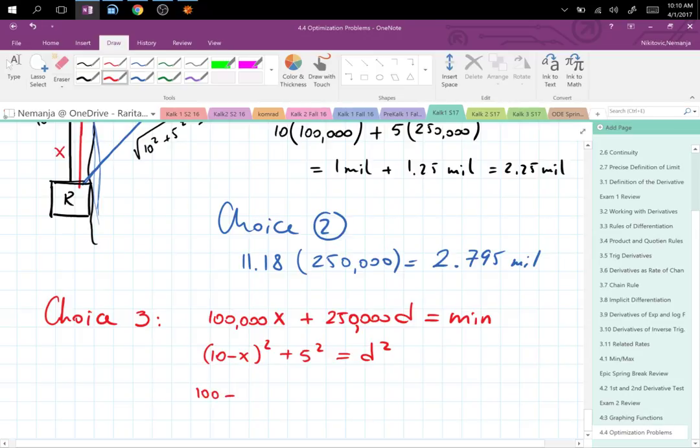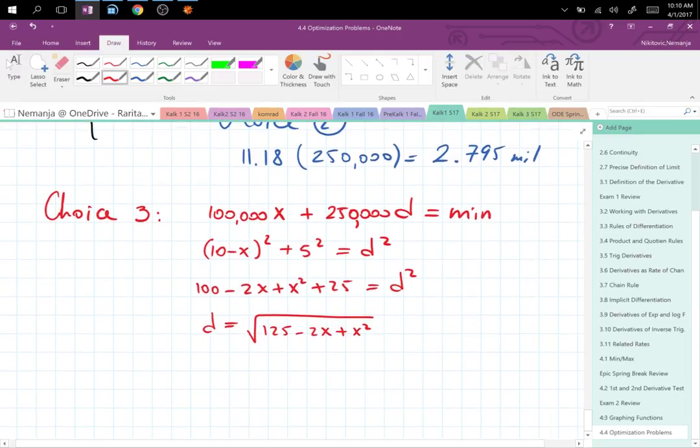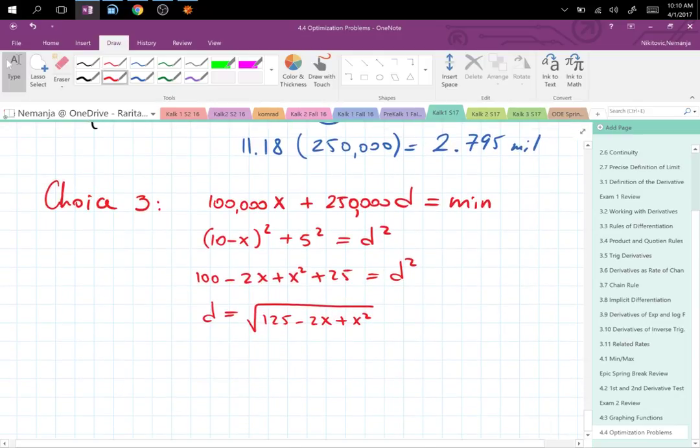So that's 100 minus 20x plus x squared plus 25 is equal to d squared, from where d is equal to the square root of 125 minus 20x plus x squared. We plug that into our equation. This is what you call real life, because clearly the earlier setup is not real life.